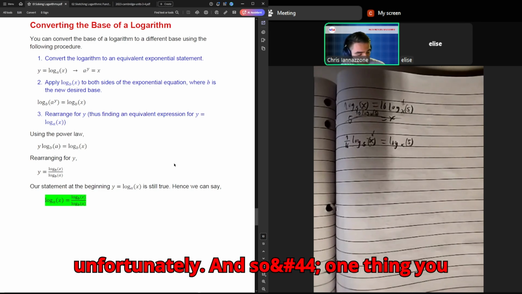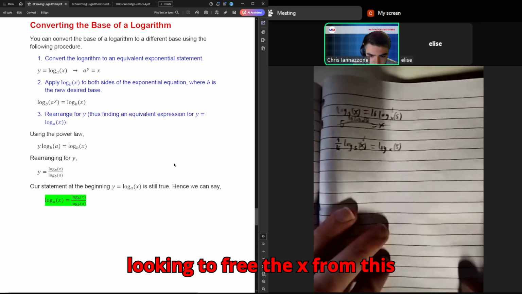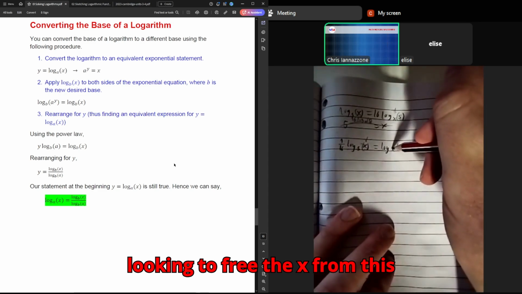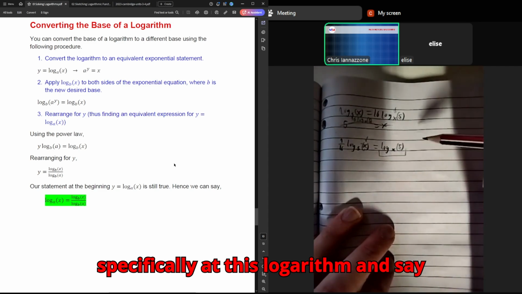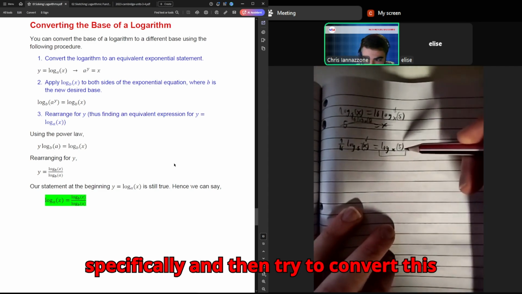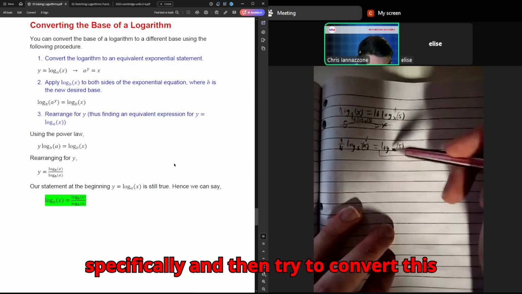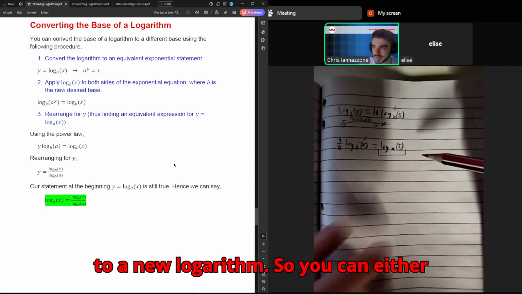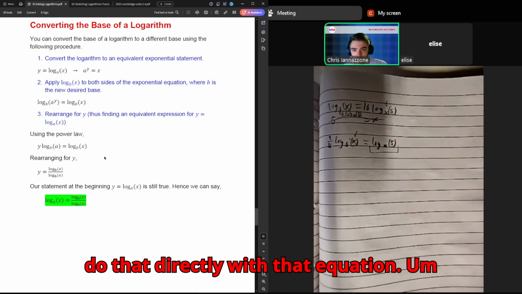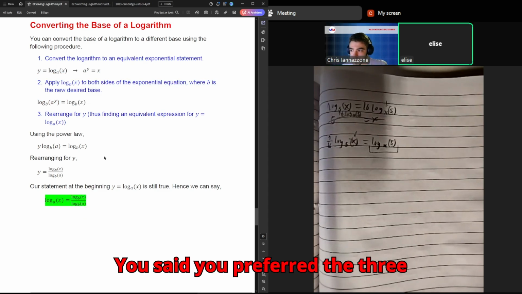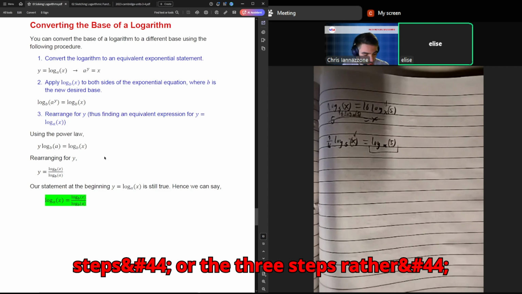And so one thing you might want to do, if you're looking to free the x from this base, is look specifically at this logarithm and say, hey, I'm just going to take this specifically and try to convert this to a new logarithm. You can either do that with those 3 steps, or you can do that directly with that equation. You said you preferred the 3 steps.